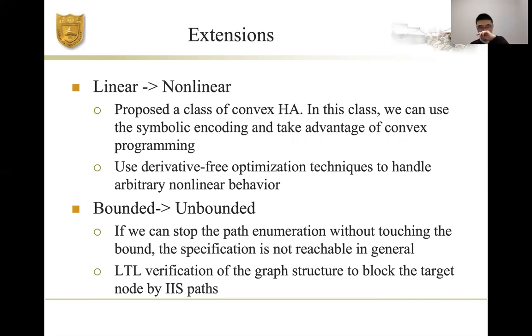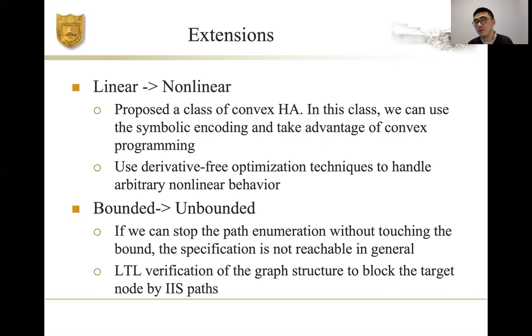And as you may notice, we do bounded verification right here. But we may also face many unbounded problems. In our method, if we can stop the path enumeration without touching the bound, the specification is not reachable in general.